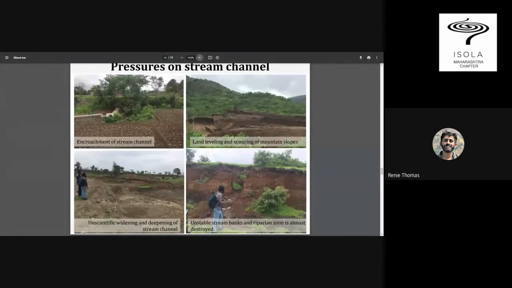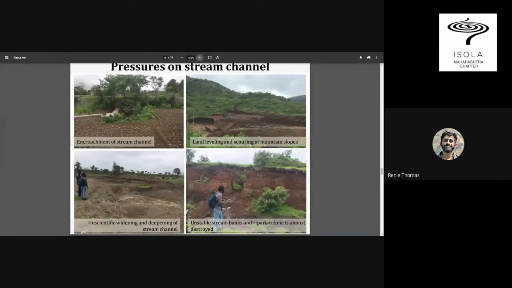And in the top right, we also see big landowners leveling the land and scouring the mountains. So it's changing a lot of the natural groundwater hydrology, the natural pathway.